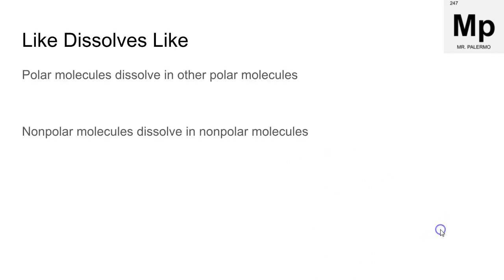Recall that like dissolves like. So if you have a polar molecule, it's going to dissolve in another polar substance, like water, for example. So things that dissolve in water are polar. And if it's a nonpolar molecule, then it's going to dissolve in a nonpolar substance. So again, like dissolves like, and that's why oil doesn't dissolve in water, because oil is nonpolar and water is very polar.